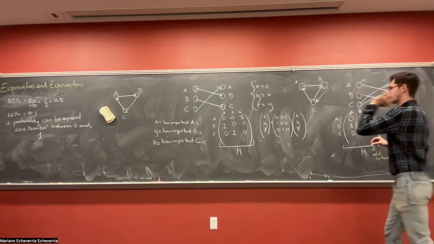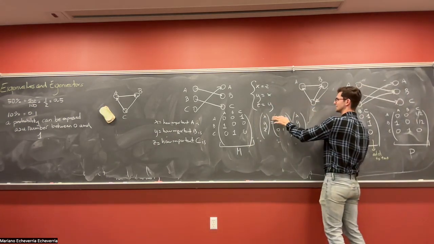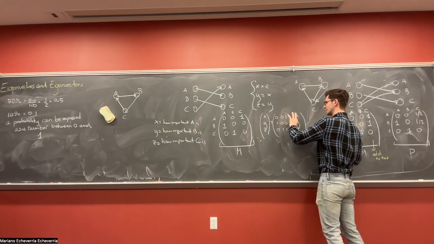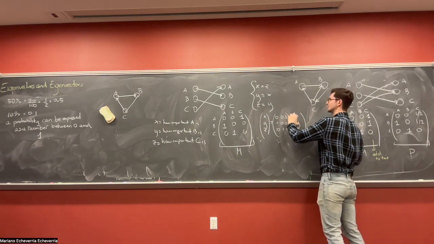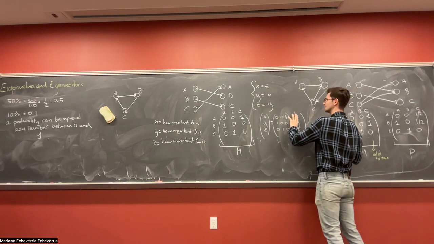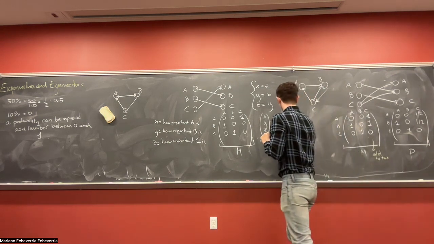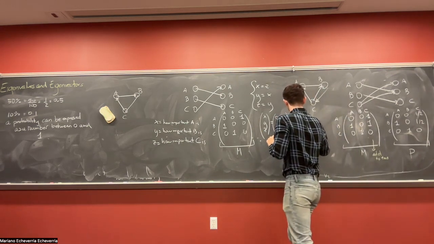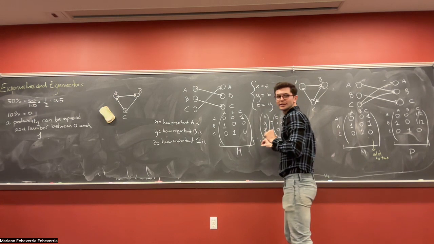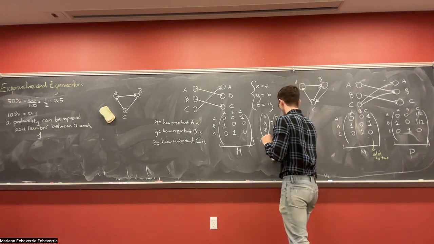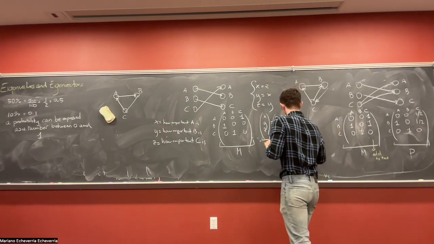Maybe it's worth taking a second to check this. If you do this times this, you get C. If you do this one times this one, you get X. And if you do this one times this one, you get Y. So this is a matrix, and this is a vector, the same vector, so you're looking for C equals AB.